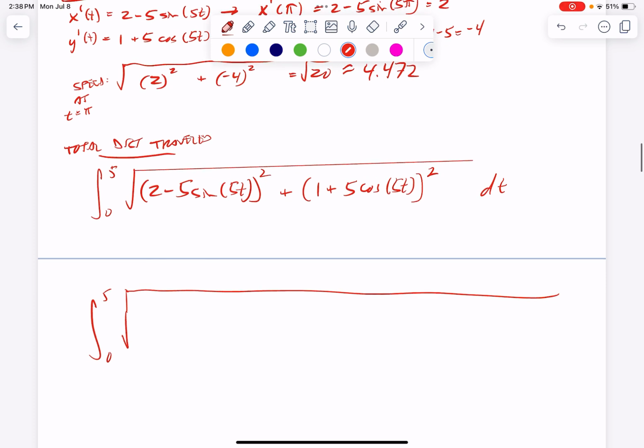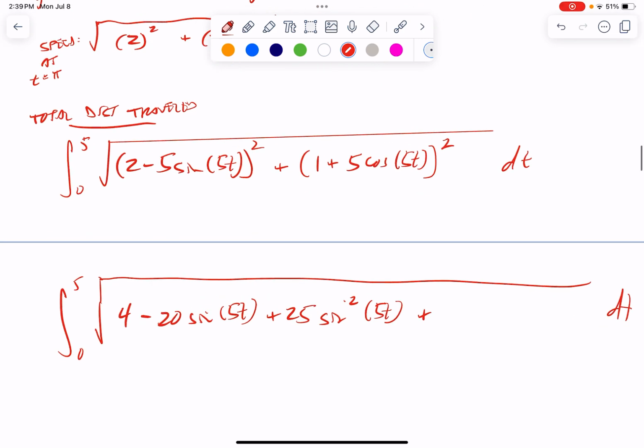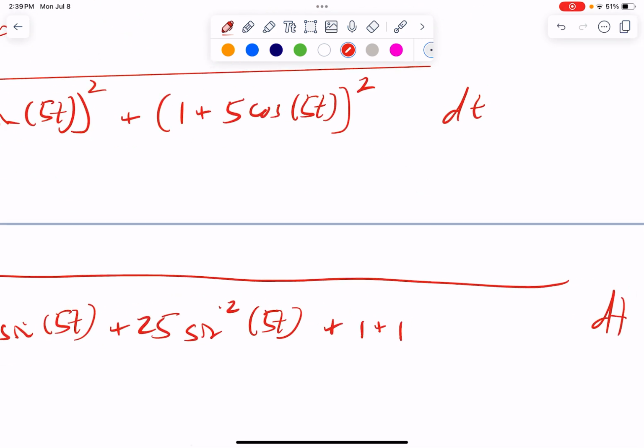If I FOIL out the first part, I would have 4 minus 20 sine 5t plus 25 sine squared 5t. If I FOIL out the second part, I would get 1 plus 10 cosine 5t plus 25 cosine squared 5t.